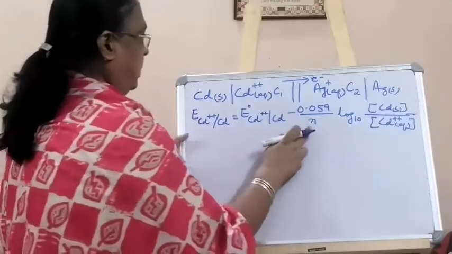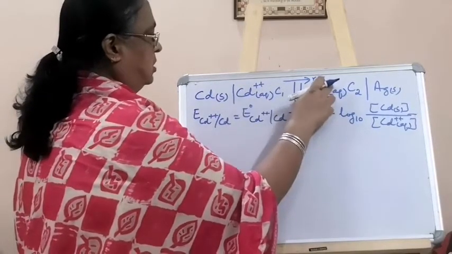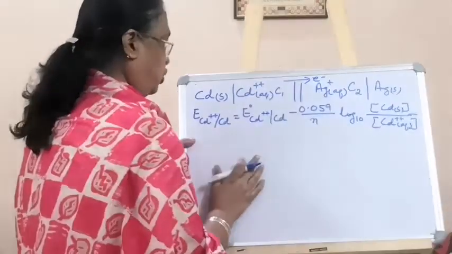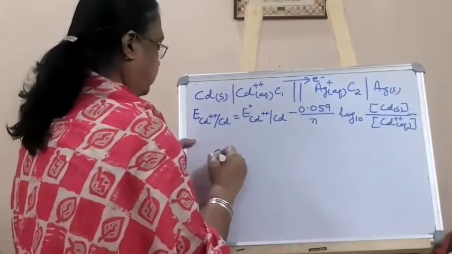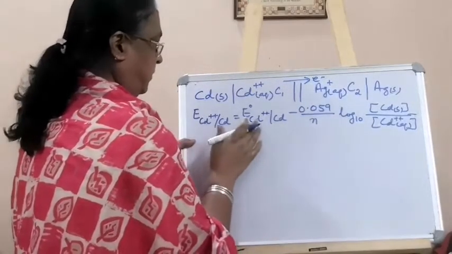Now to know this, here you can't take 2, because here it is 1 electron, so you will have to show it. So you will write the reaction before this.